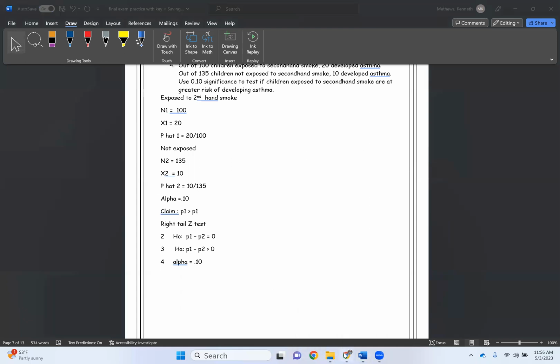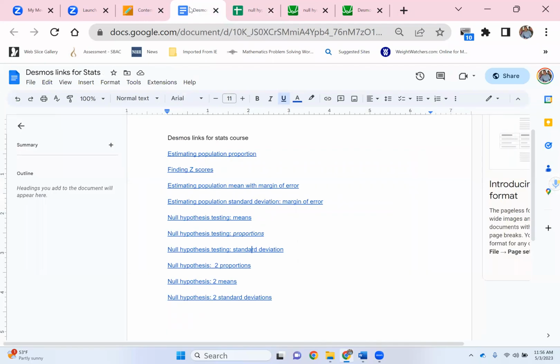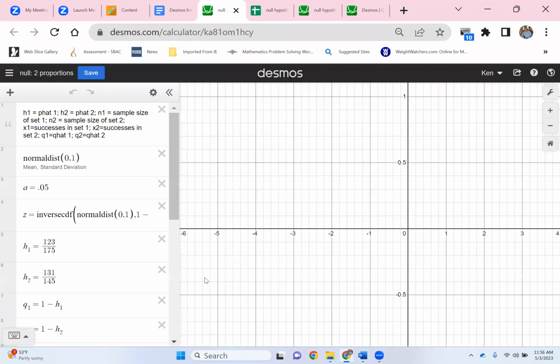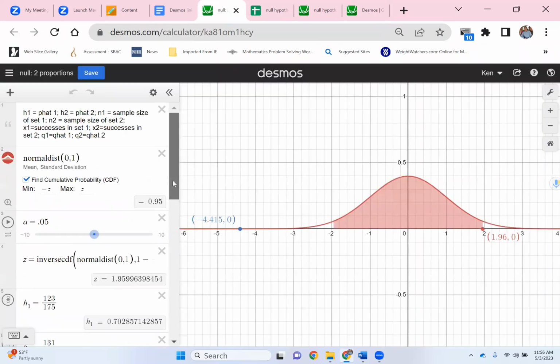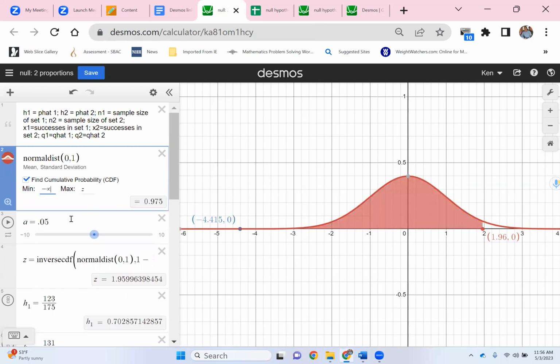All right, so now we're ready to put in our data. So we're going to go to our Desmos, and this is a null hypothesis test with two proportions. Since it's a right tail test, we're going to be going from negative infinity to z. Our alpha is 0.10.